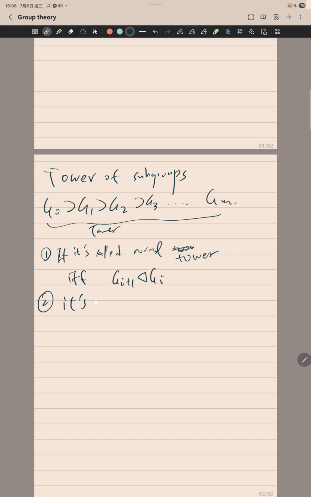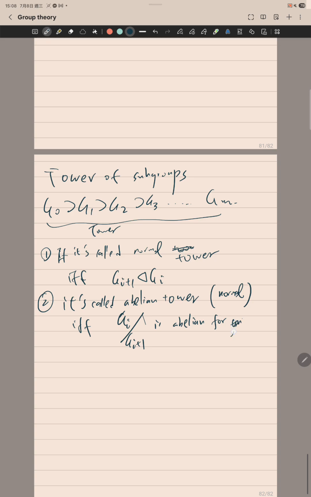It is called an Abelian tower if it is also a normal tower and, moreover, the quotients G_i quotient G_{i+1} are Abelian for every i.